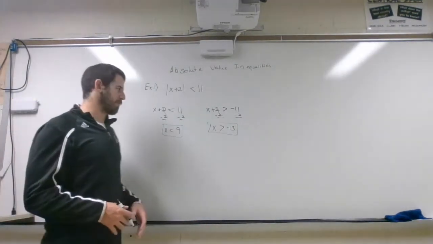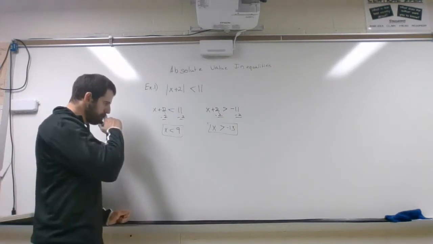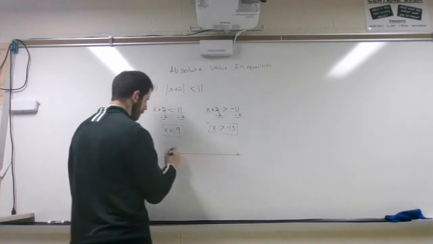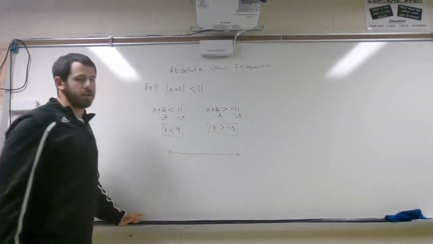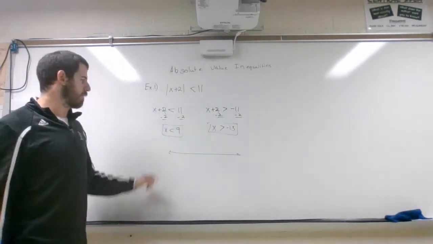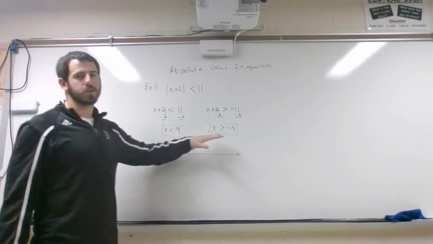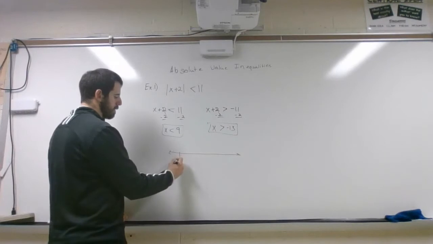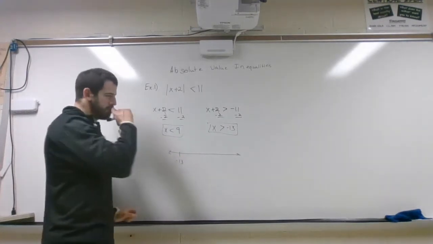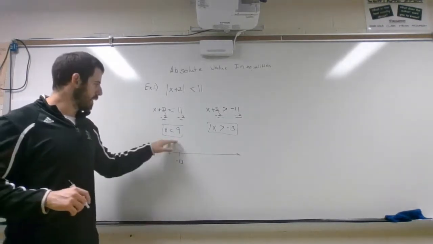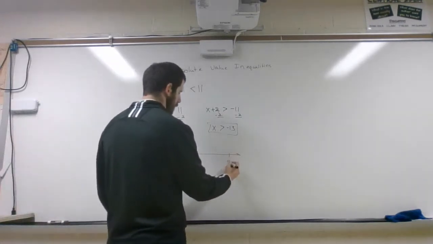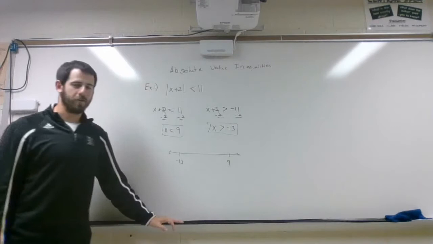So what I would suggest is you make your number line. Take your smaller number, not necessarily the number that's in your left equation, but your smaller number, so negative 13, plot that somewhere on the left. Take your larger number, put it somewhere on the right. And then we graph both of these.